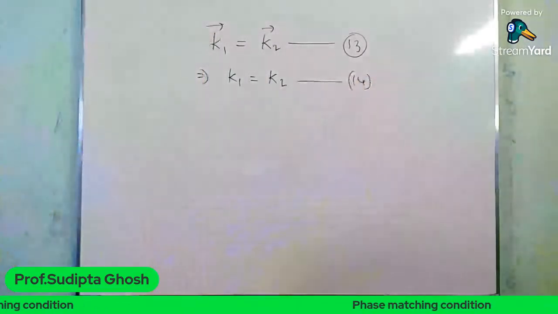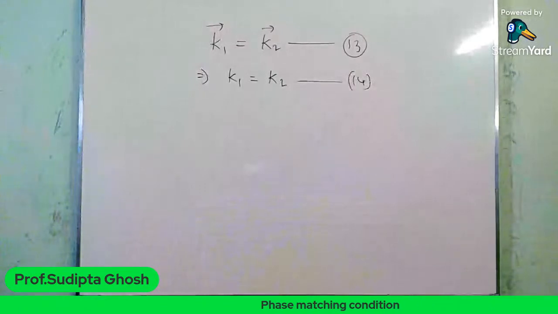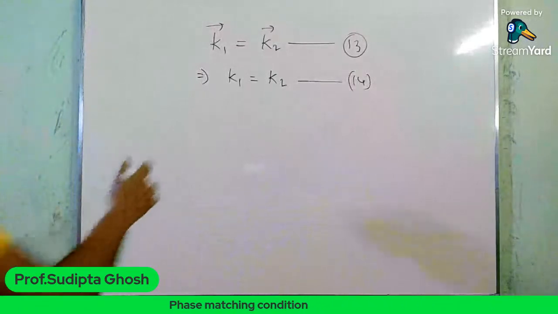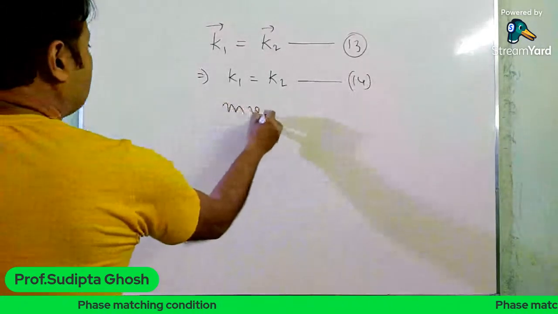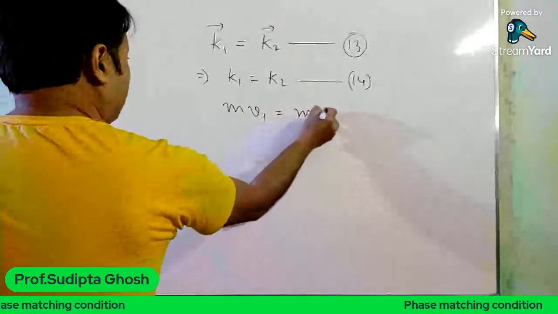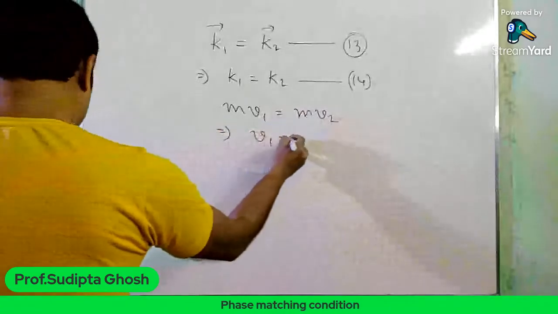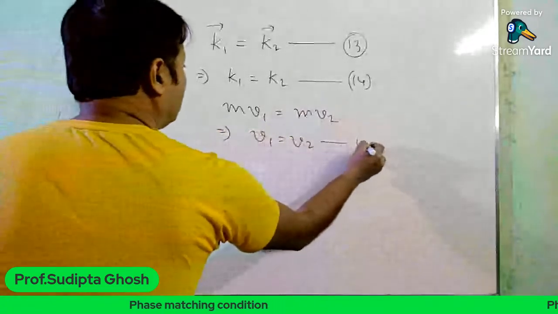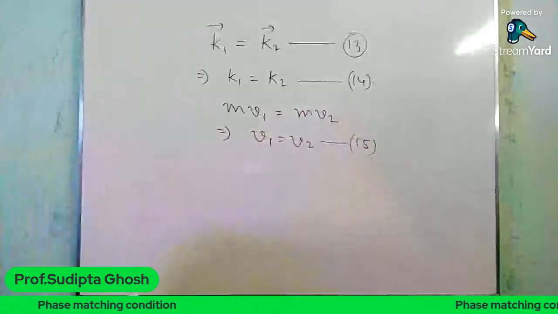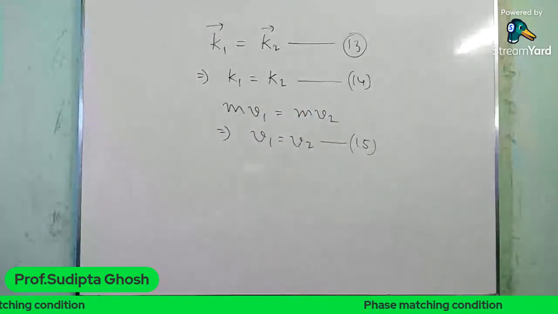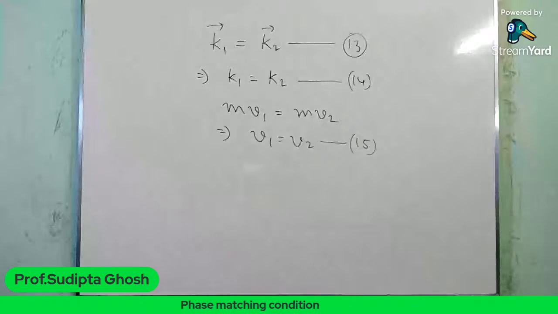Now from classical mechanics, to hold momentum conservation, we know that m v1 must be equal to m v2. So that means v1 must be equal to v2, where m is the mass of the moving photon of both the input and the second harmonic wave.